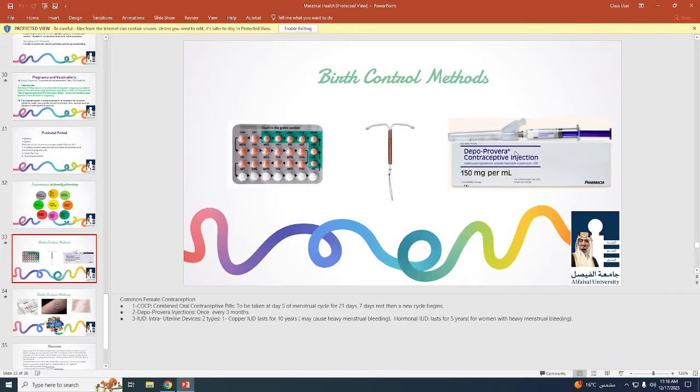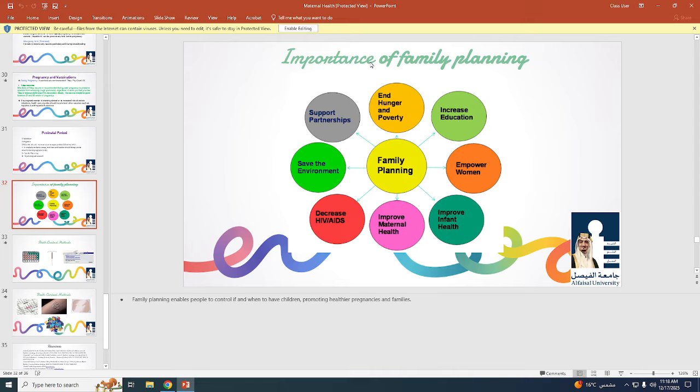The birth control methods, you are not required to know the details about them. It's just that if I ask you, this is what is that used for, for instance, for a woman who has given birth? What do we use this for? It's for birth control. Okay, what does birth control mean, or what does family planning mean?